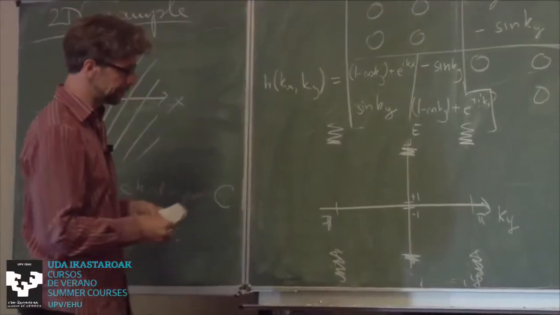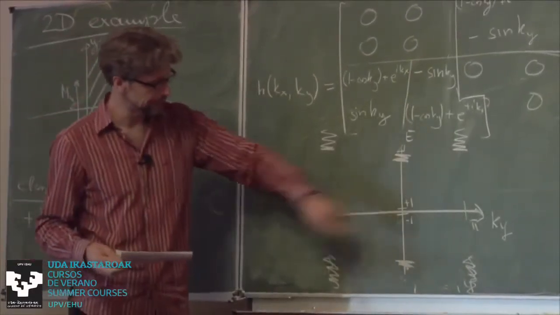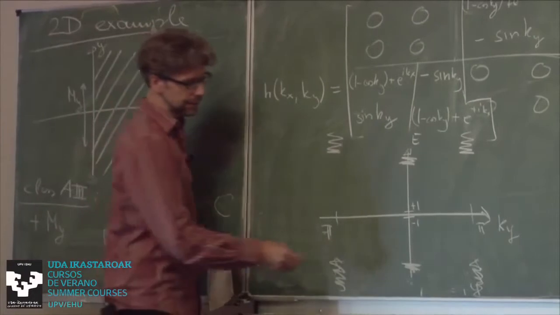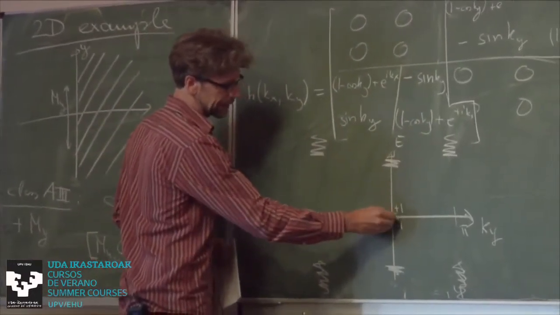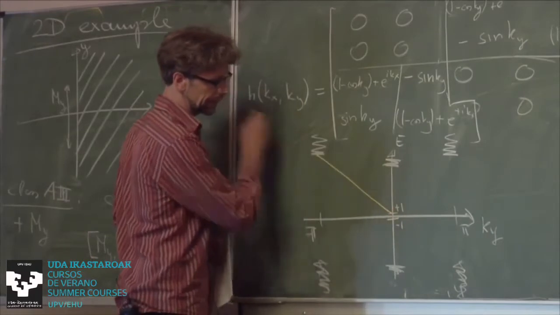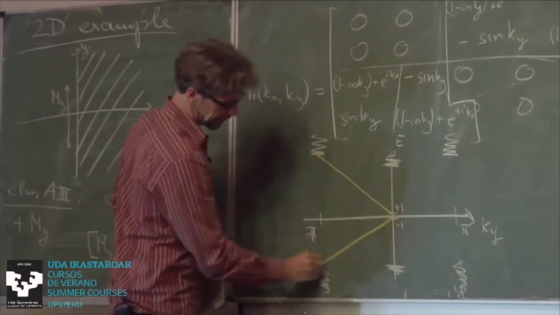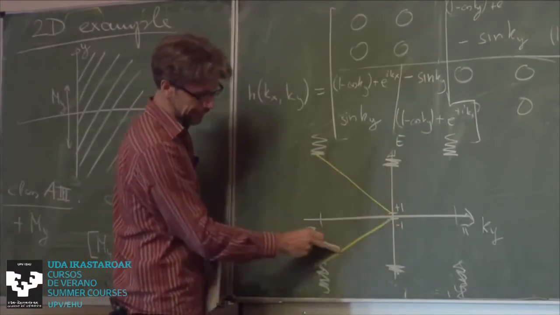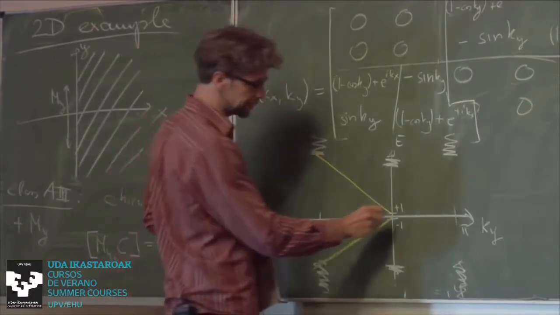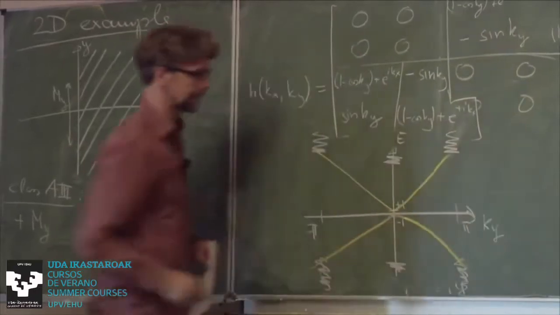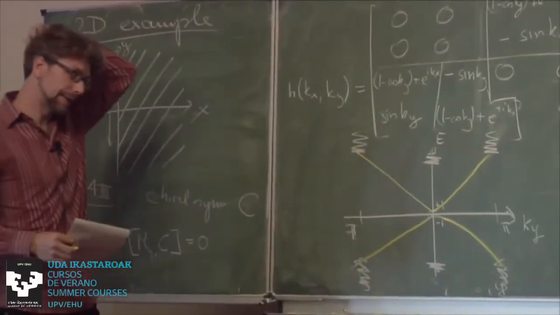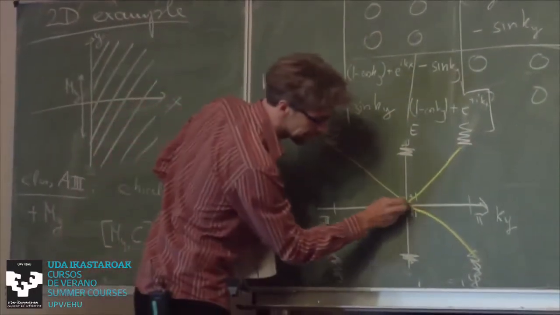And then you can ask yourself, how do these things connect? It turns out that, by chiral symmetry, which is now a spectral symmetry that is everywhere in the spectrum, if I have a state here, I have to have one at minus the energy. They have to close up like this, and so there's really a crossing here.